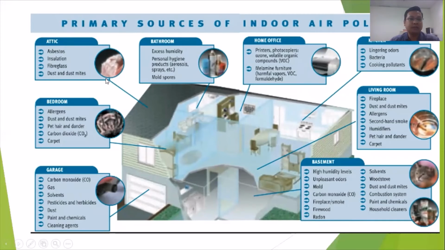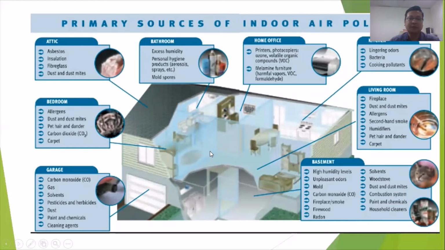Okay, let's say we go to the bathroom. Maybe high humidity and personal hygiene will produce bad air quality. And then we go to the kitchen, maybe cooking pollutants, bacteria, and so on will also contribute to bad air quality, and also from the garage itself.